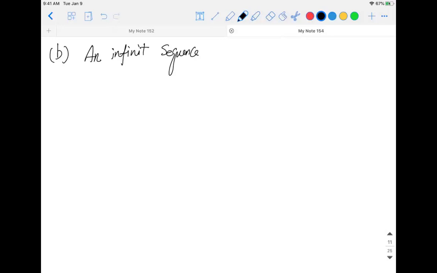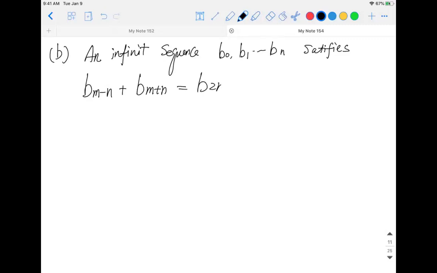So the question says, an infinite sequence B0, B1, Bn satisfies Bn minus n, Bn plus n, B2m plus B2n. It's quite similar with the last problem, right? Maybe they did some adjustment for the coefficient.